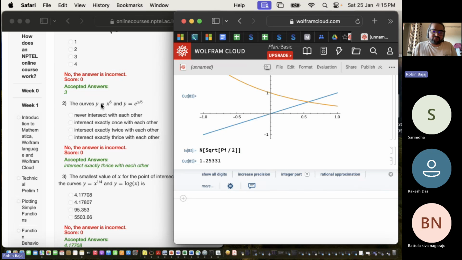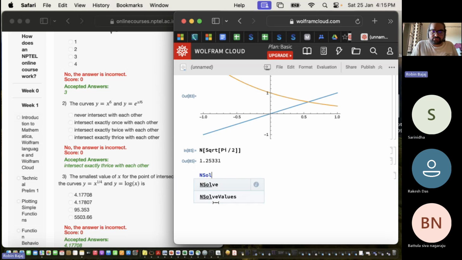If you have this curve and this curve, to see how many times they intersect, what is the easiest way to do this? Mathematically, we equate the two equations and find the x. So let's do that.